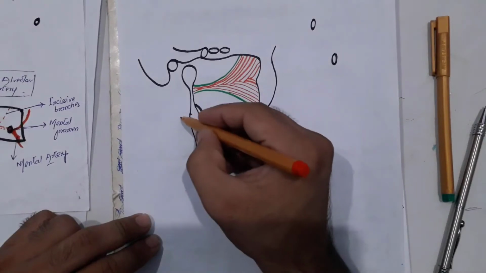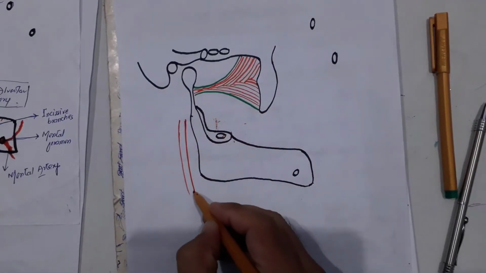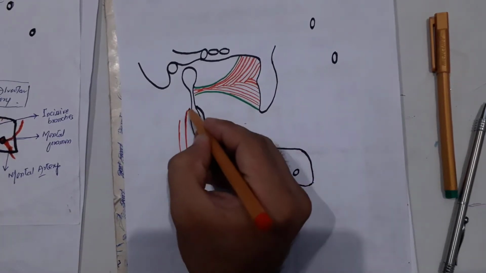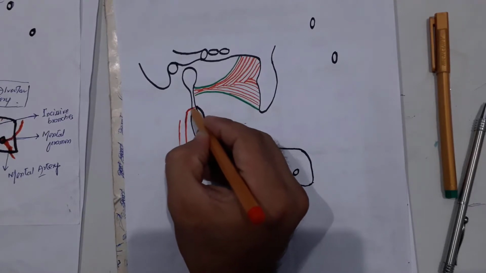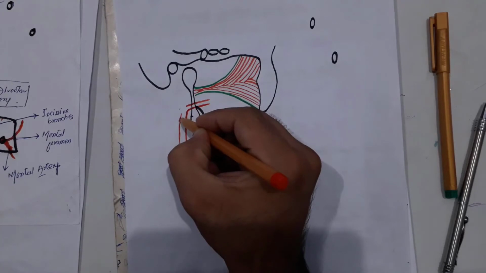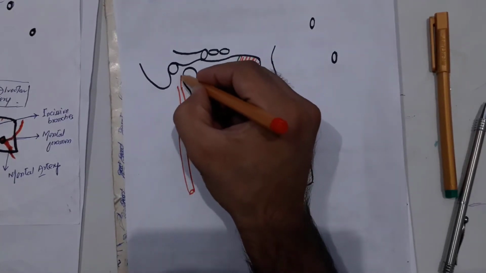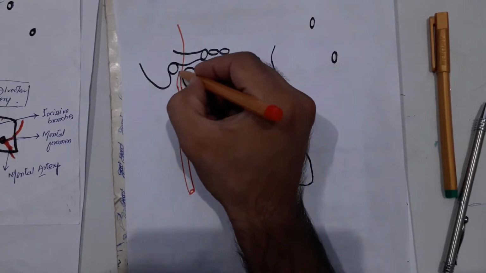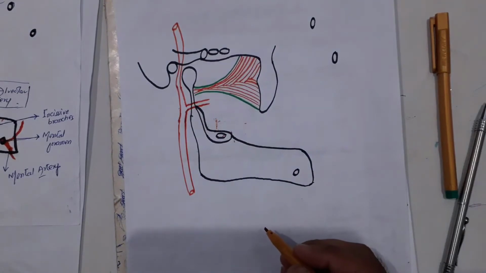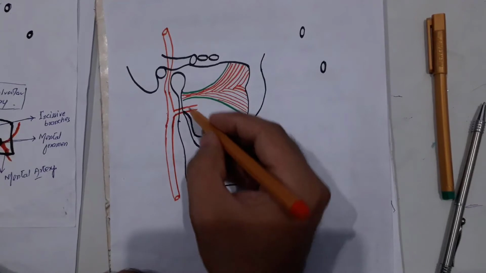This is our external carotid artery, and at the level of the neck of the mandible, it gives off a branch, called the maxillary artery, and the branch going forward and superiorly is the superficial temporal artery. We are not concerned with that. Now let me put all these branches here.